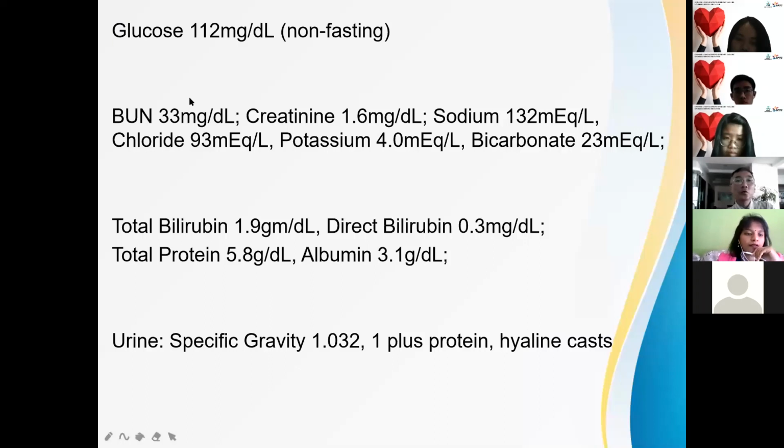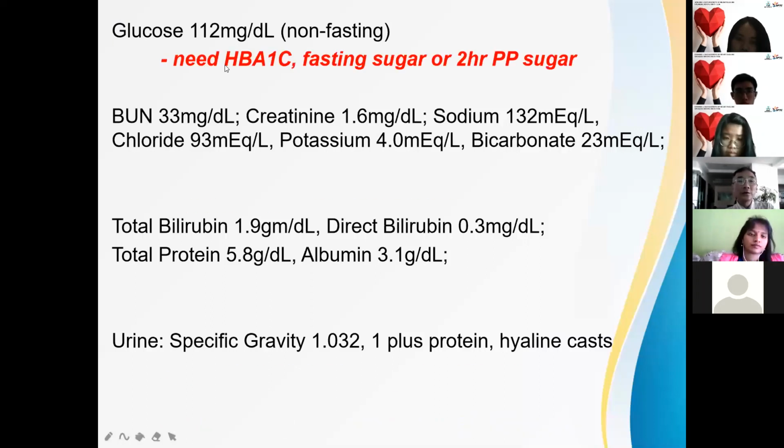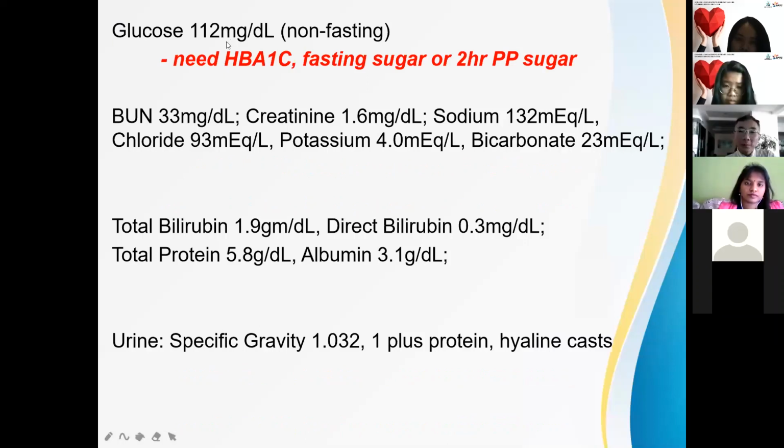Okay. Now glucose. This lady is diabetic. Glucose of this can be normal, can be abnormal, but you need more tests. You need A1C. A1C above 6.5 is diabetic. If it's above 7, not great control. Then when you have more time, you need proper fasting sugar and 2-hour postprandial.